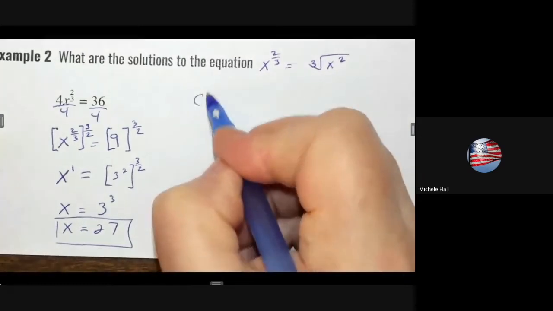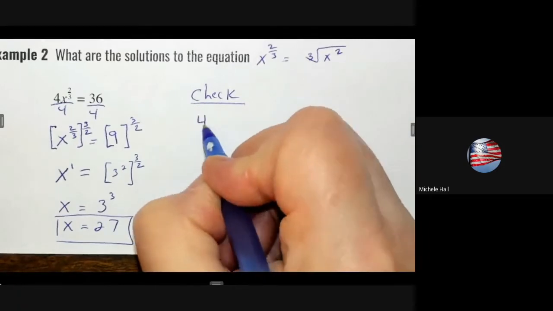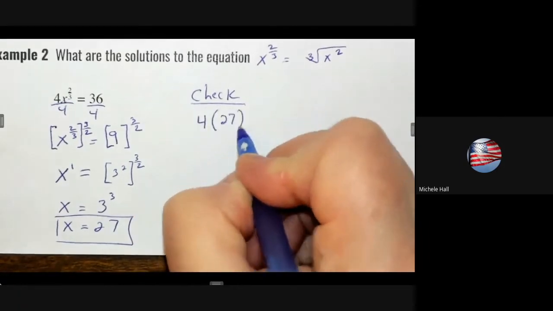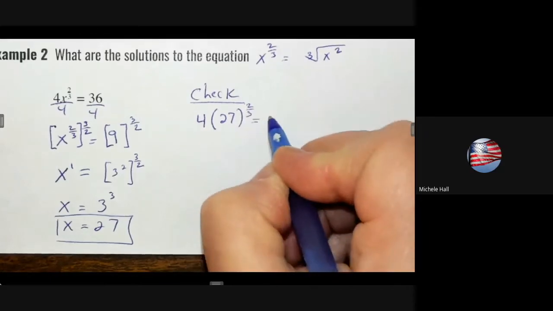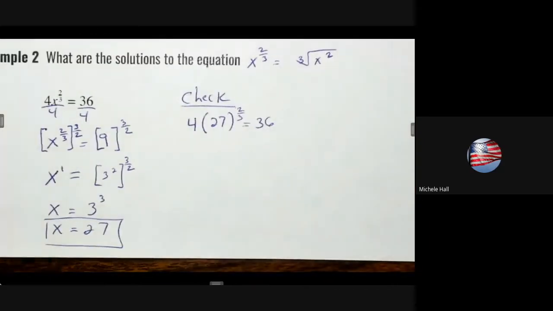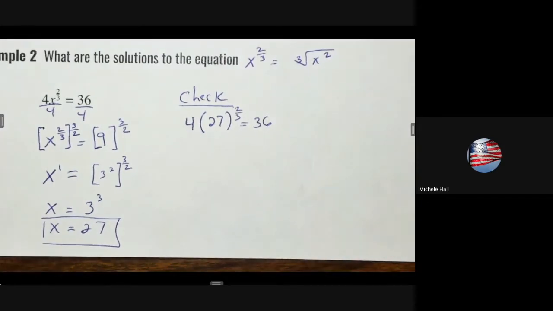Check. 4 times 27 to the 2/3, does that equal 36? And again, there's so many different ways to go about doing this. You could change this into its radical form and take a look at it that way.